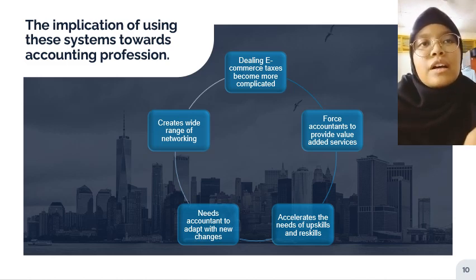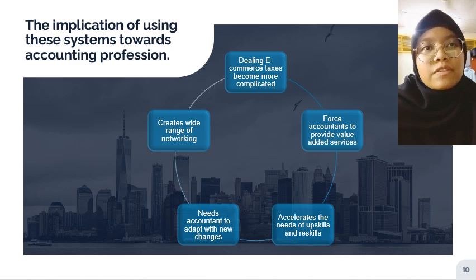And second is that it forces accountants to provide value-added services. Because of the existence of e-commerce, accountants have to provide value-added services toward their clients. Basically, an accountant has to provide financial reporting services, or audit services, or secretary services.